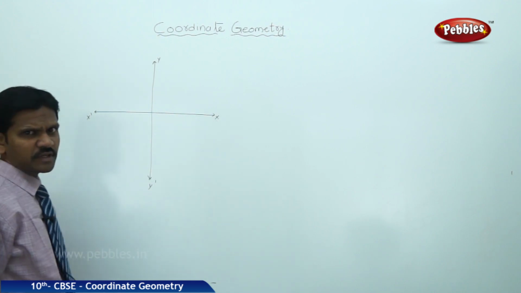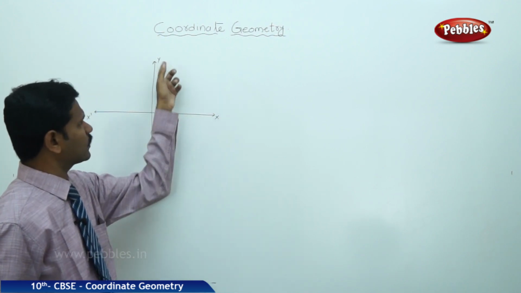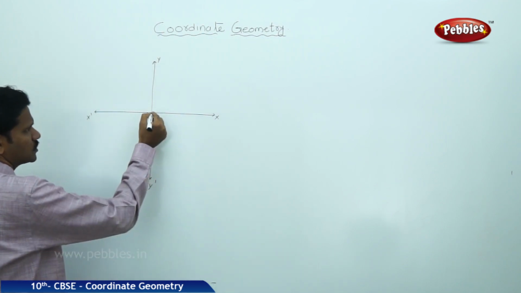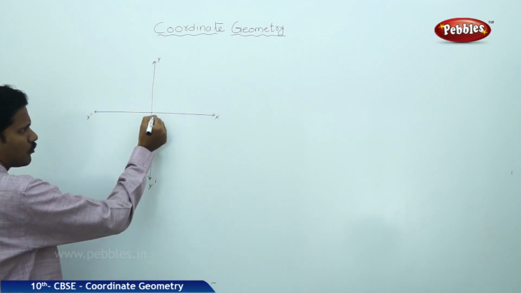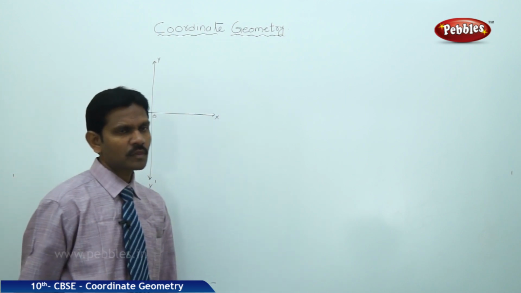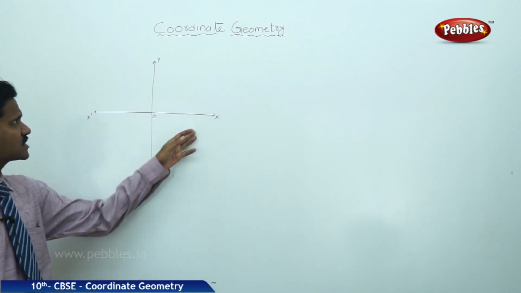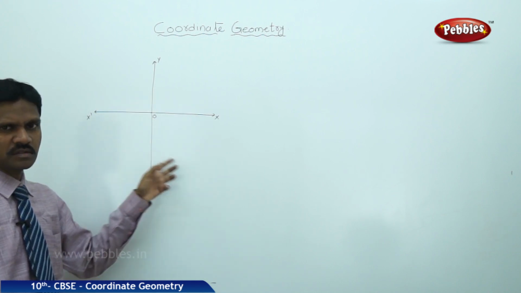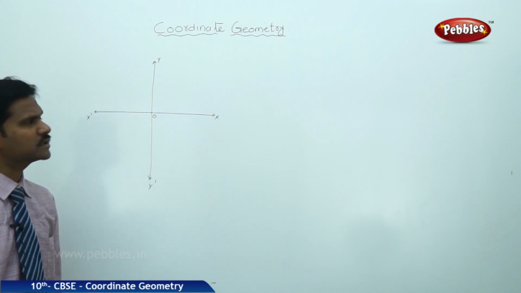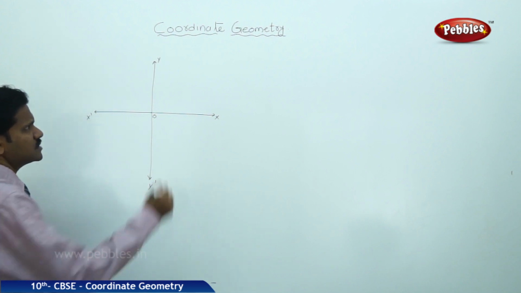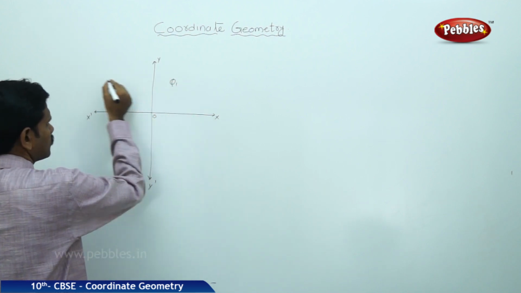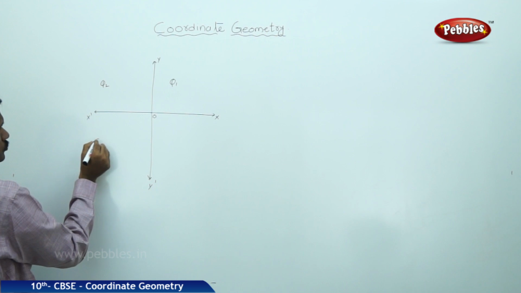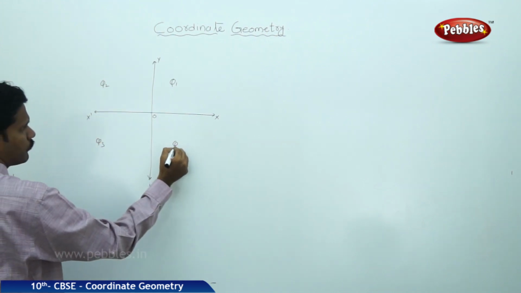The point of intersection of the x and y-axis is called the origin, denoted by O. The x and y-axis divide the plane into 4 parts. Each part is called a quadrant, that is Q1, Q2, Q3, Q4.